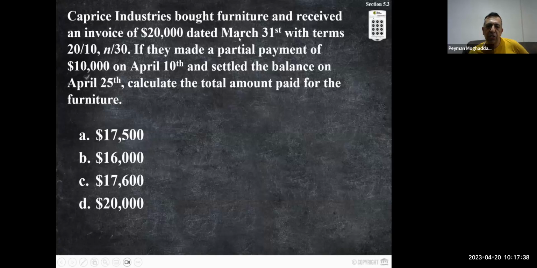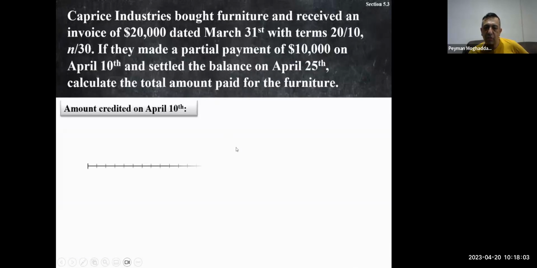Until April 10, they will have a 20% discount, and from April 10 to the end of April, no discount. The first payment on April 10 is credited toward their total amount, calculated using the equation we discussed, right?